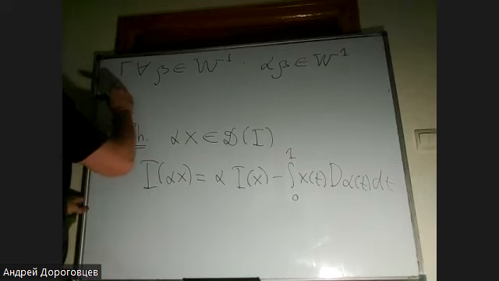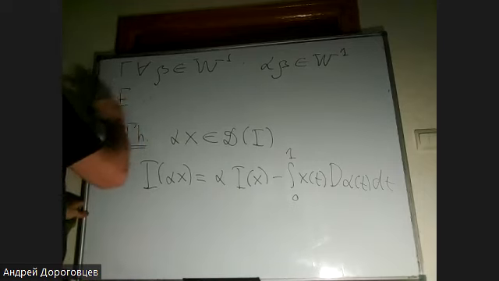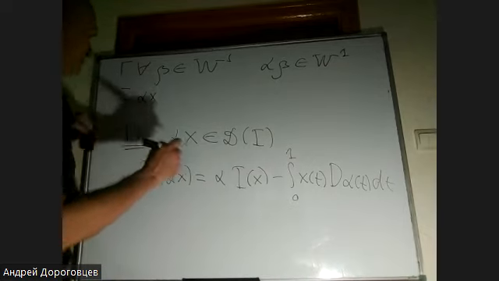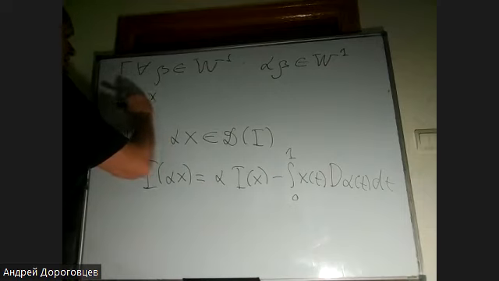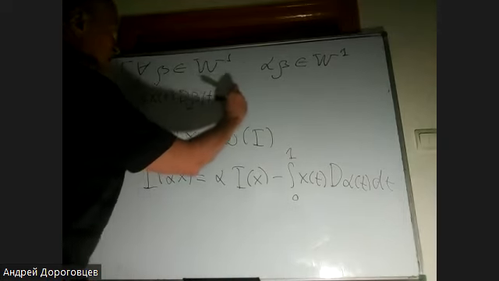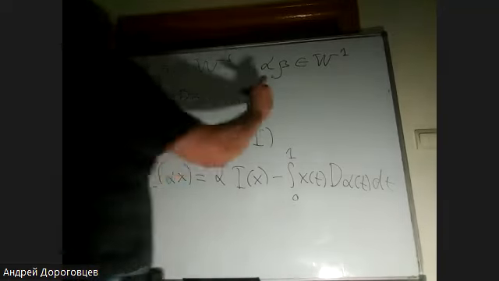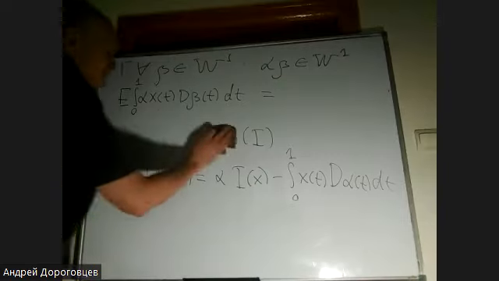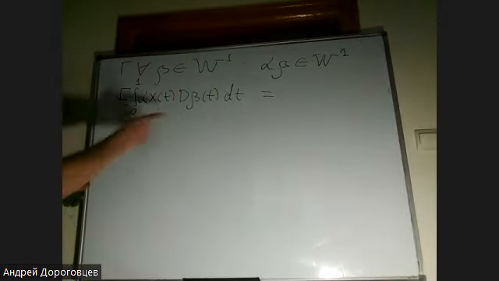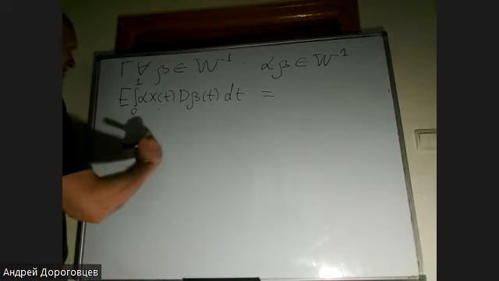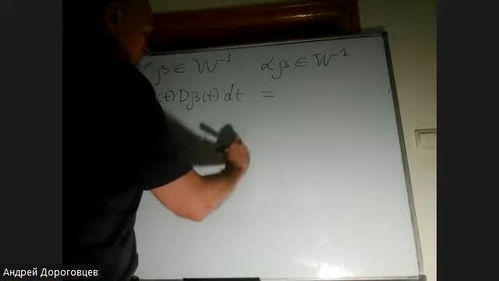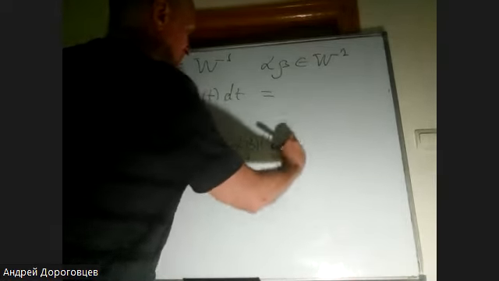So one can check now that the expectation of alpha x and the integral from 0 to 1 of x t d beta t is equal to, I will write as follows, the expectation of the integral from 0 to 1 of x t times d of the product alpha beta of t dt, minus the expectation of the integral from 0 to 1 of x t beta d alpha t dt.